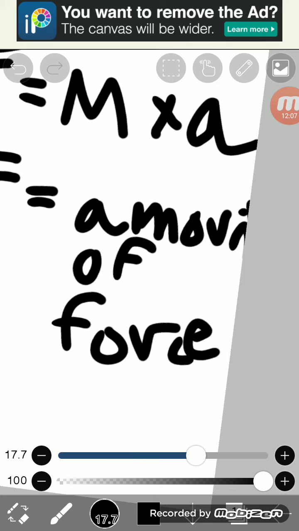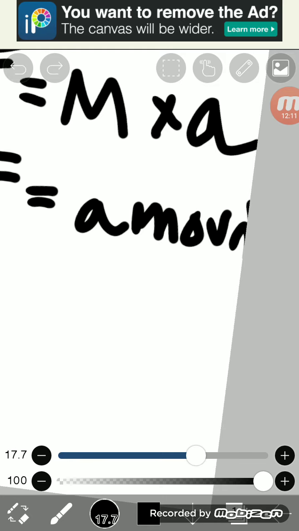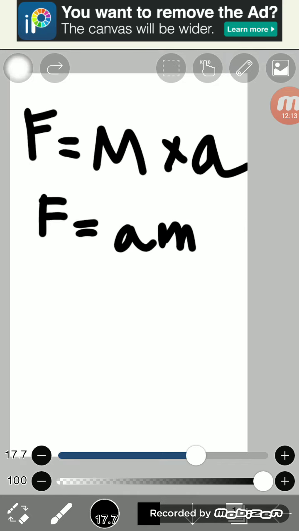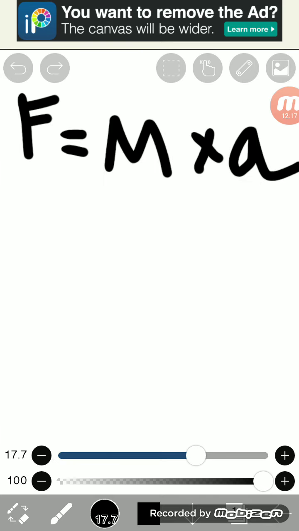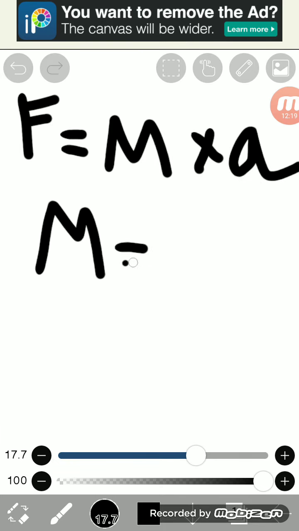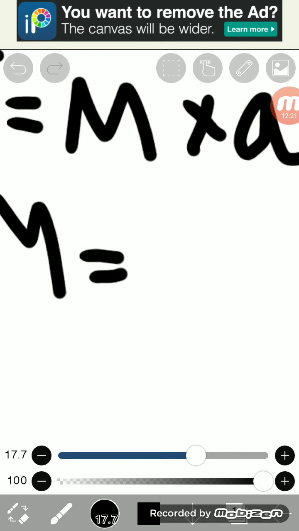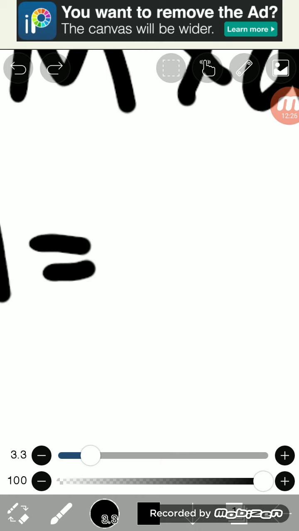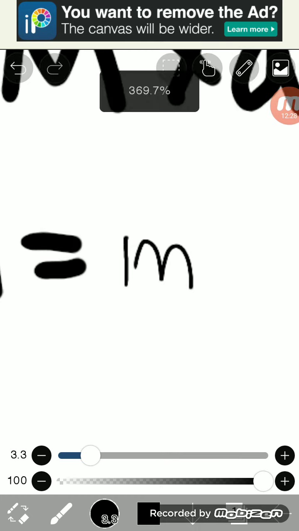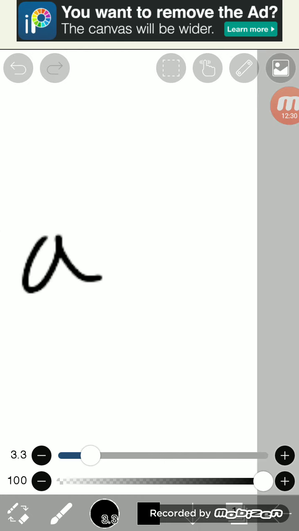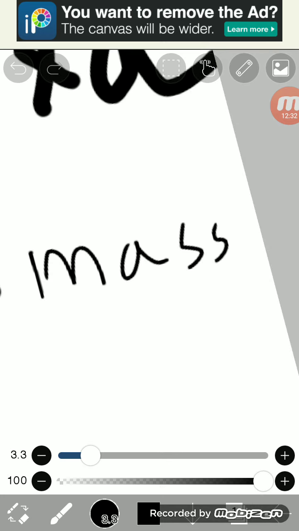Next is mass. M equals the mass of an object.